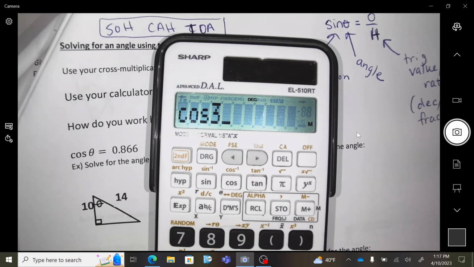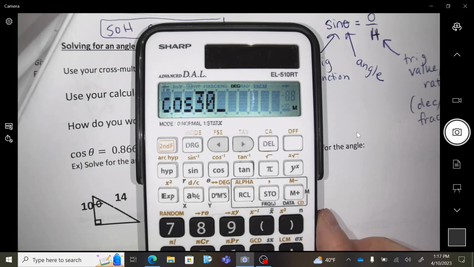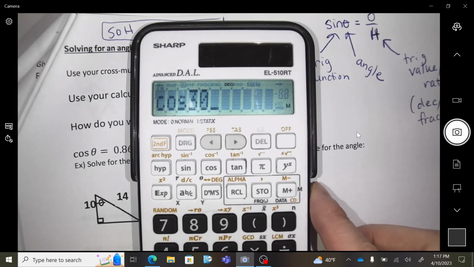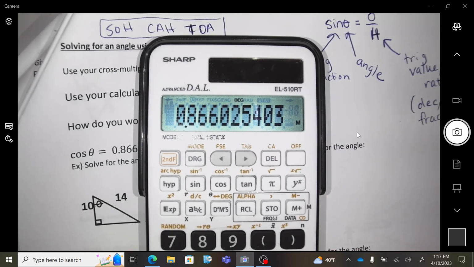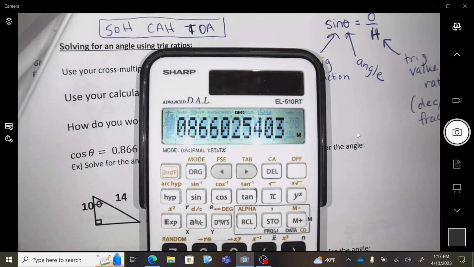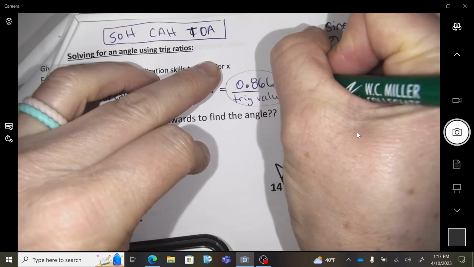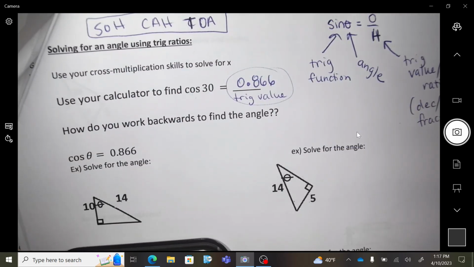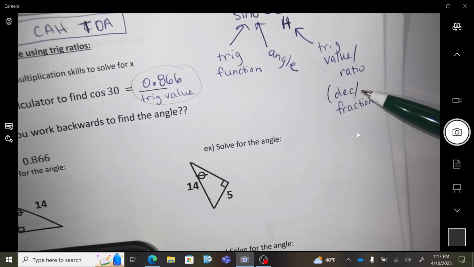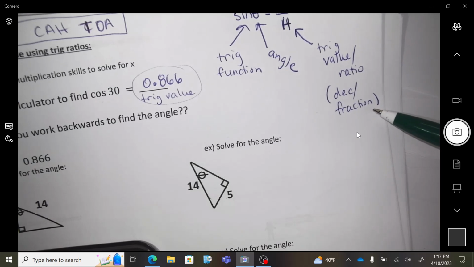So what is the cos of 30? 0.866. So like I said, it's the trig value. It could be a decimal or it could be a fraction.